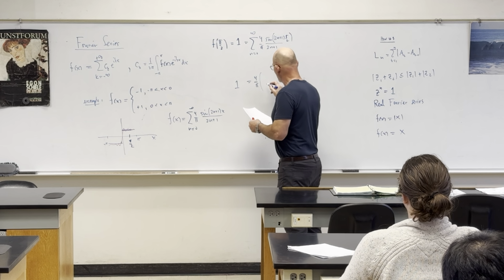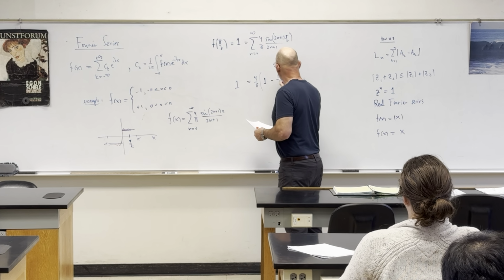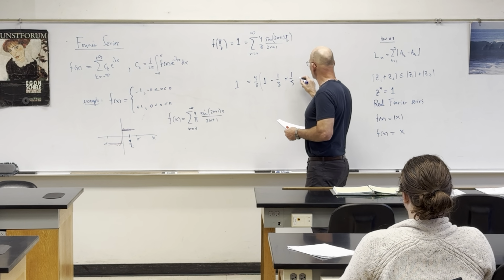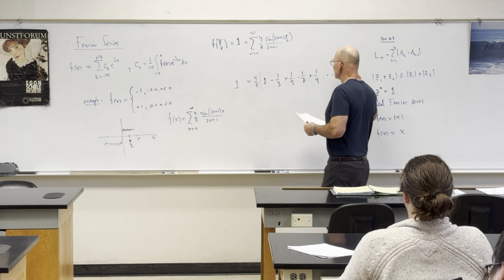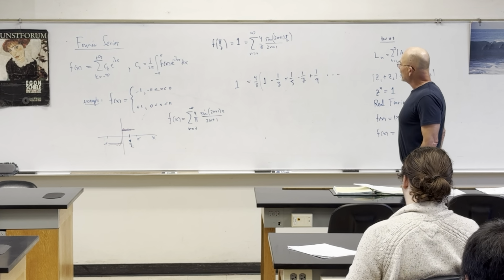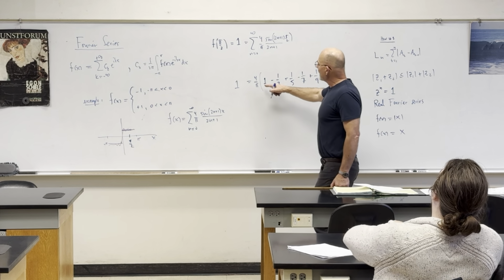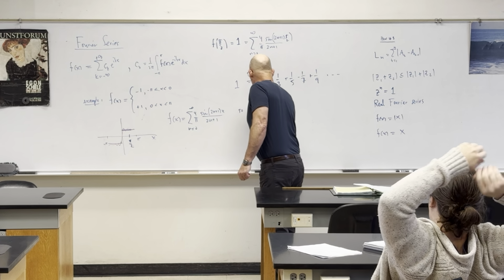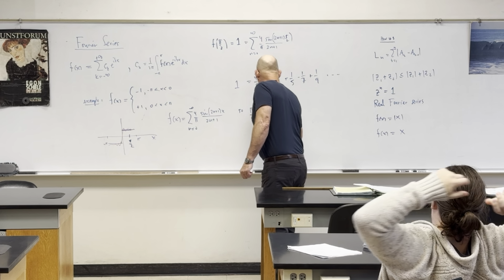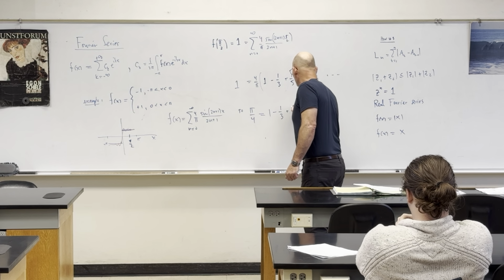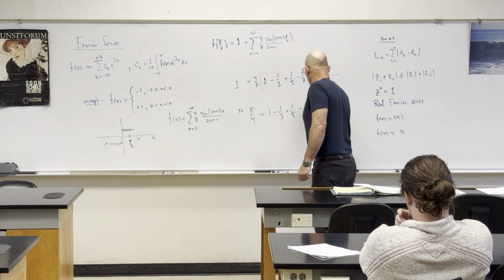Here we go. So we end up with 1 minus 1/3 plus 1/5 minus 1/7, an alternating infinite series. We can just multiply both sides by pi over 4, and we're left with pi over 4 equals 1 minus 1/3 plus 1/5 minus 1/7.